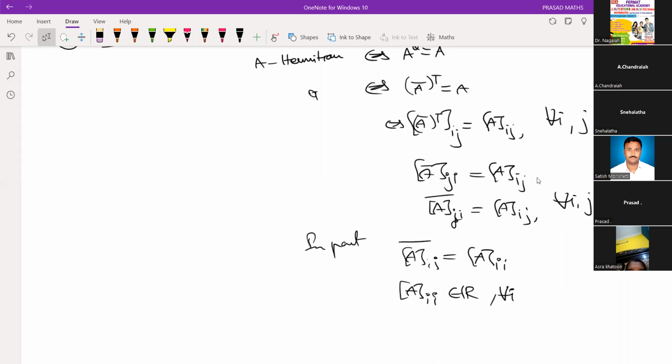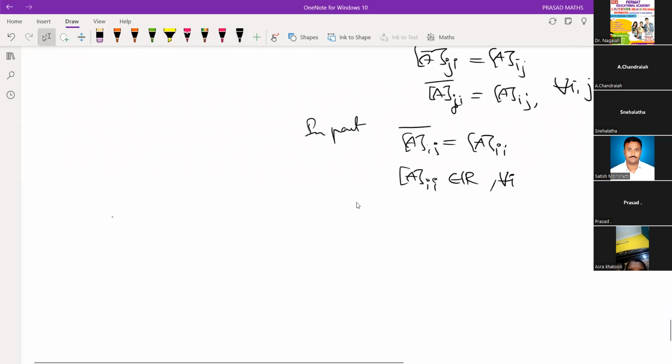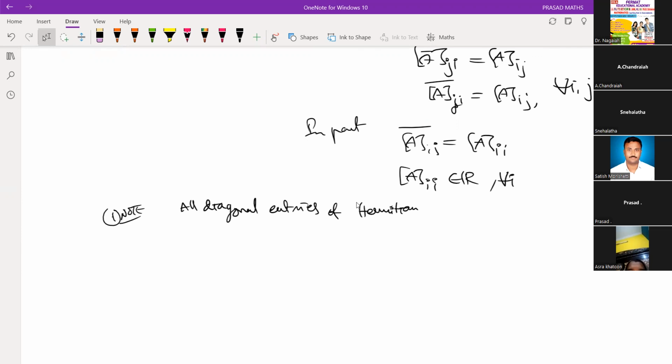Here a_ii bar is equal to a_ii. Therefore the diagonal entries are real. Note 1, property 1: all diagonal entries of a Hermitian matrix are real.